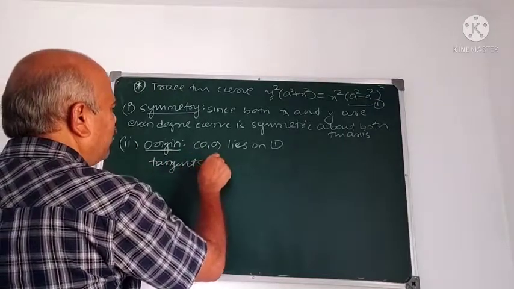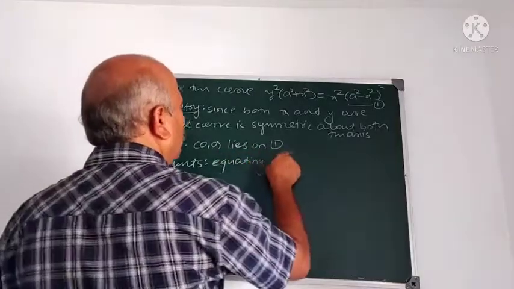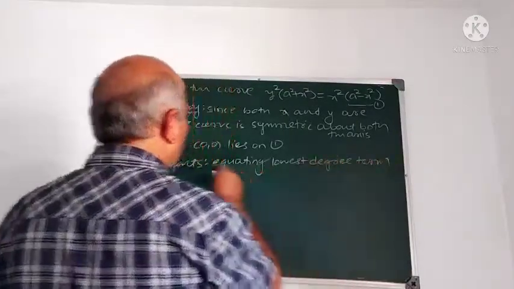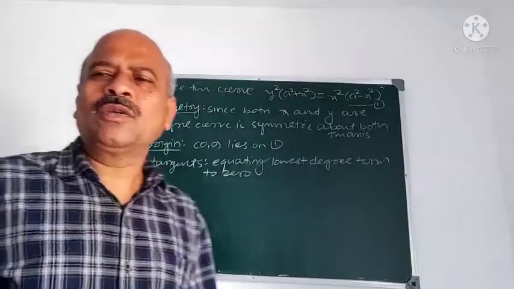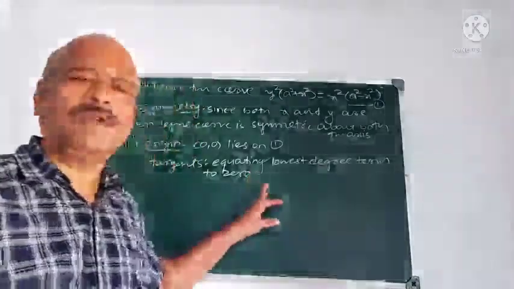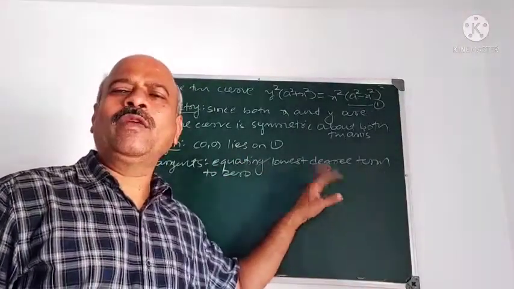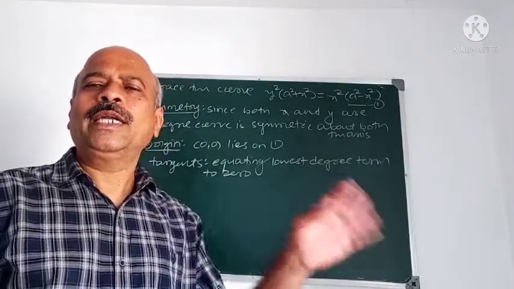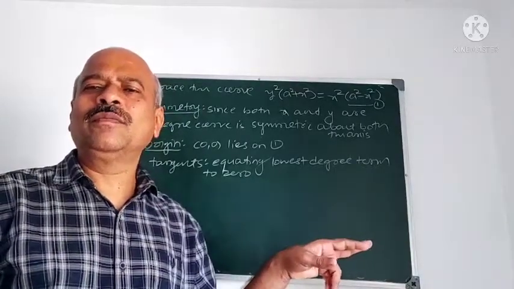Tangents are obtained by equating the lowest degree term to 0. See, this question may be an objective question, that is a multiple choice question. How can we make this a multiple choice question? The tangents at the origin are obtained by equating, four choices will be there: lowest degree term of the equation to 0, highest degree term to 0, and coefficient of highest degree term to 0.